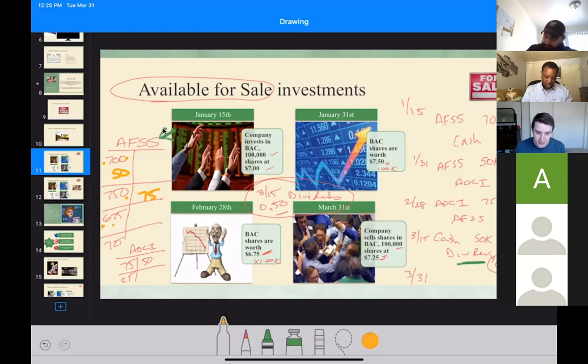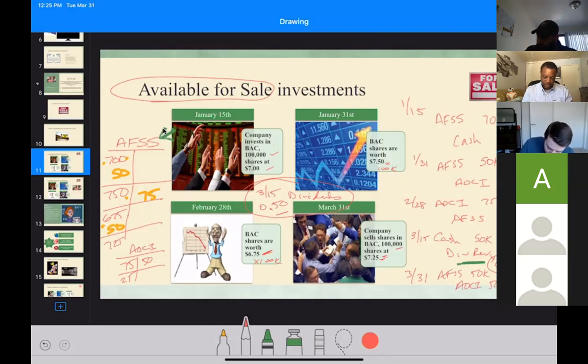So we need to add 50. Debit AFS for 50,000, and the credit goes to AOCI for 50,000. That leaves us with 25,000 in our AOCI account.